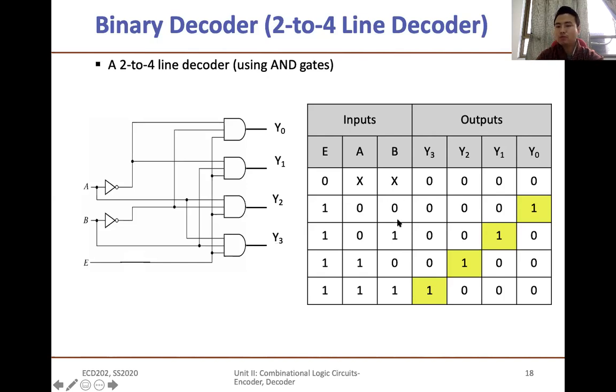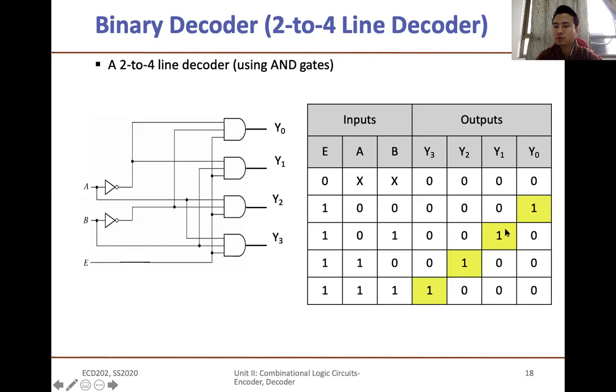Now, if you do the Boolean expression for this truth table using a K-map, for Y3 you will get AB, which means AND gate. And similarly for Y2, you will have A B bar, which is an AND gate with B bar.